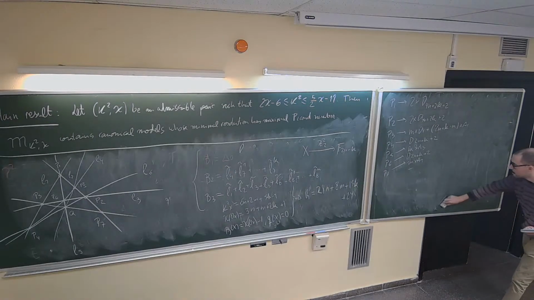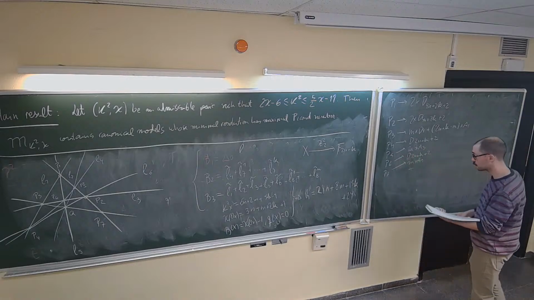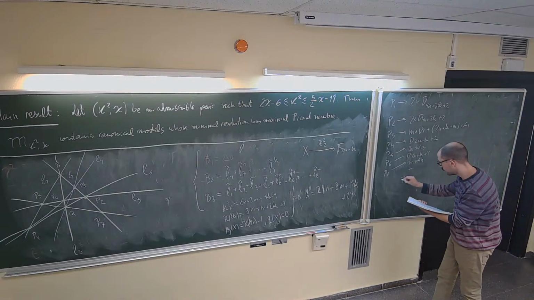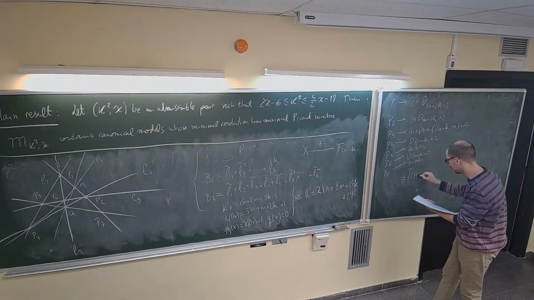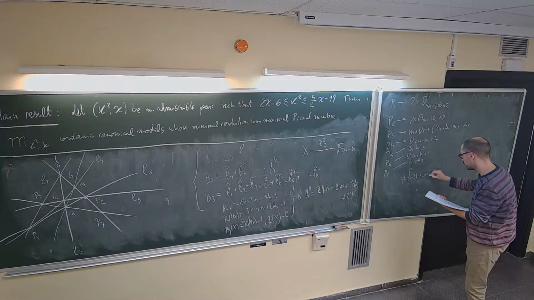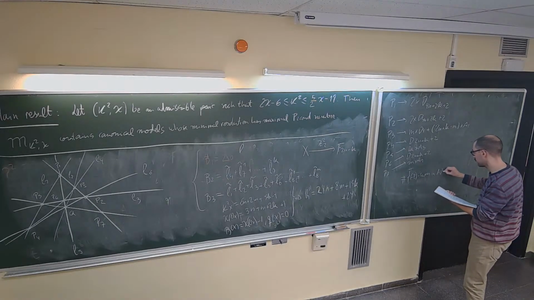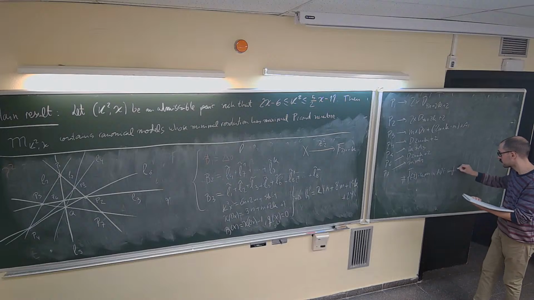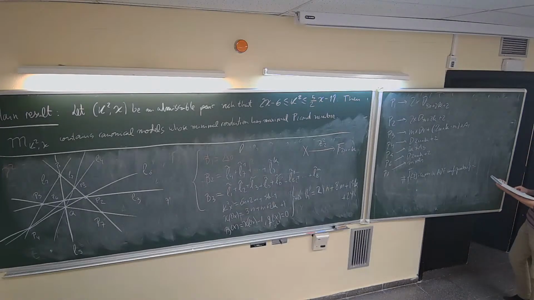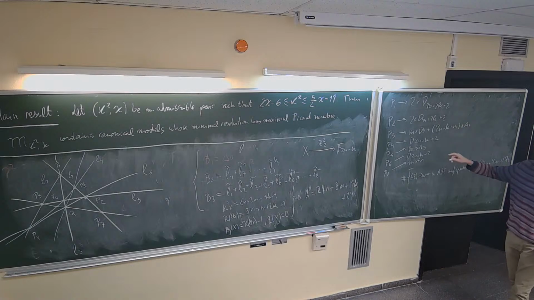So if we sum all these -2 curves, we will get 24n plus 8n plus 15k plus 22.